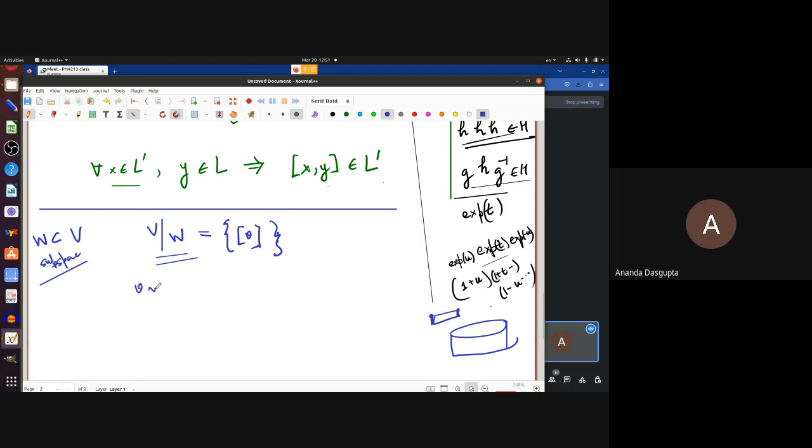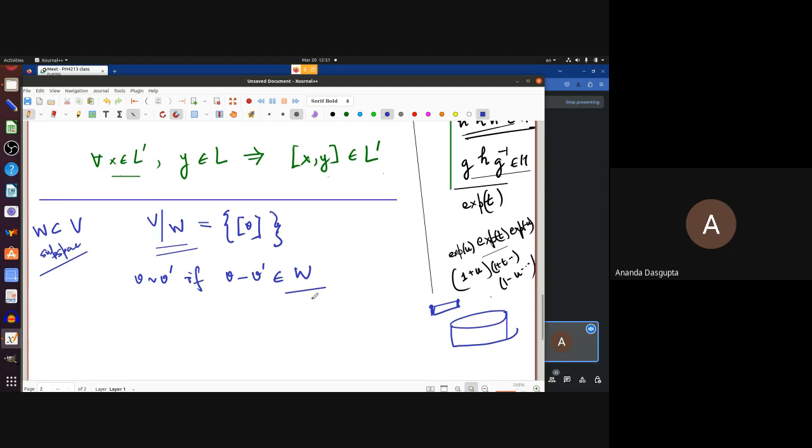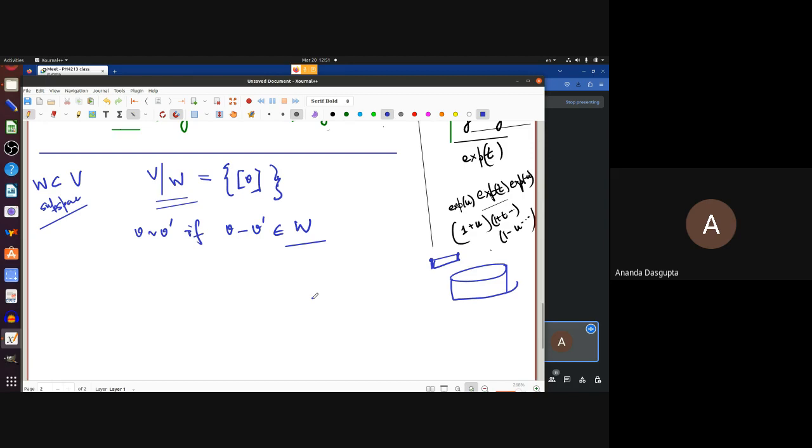And the equivalence is simply this: V and V prime are equivalent if, of course, W has to come somewhere, the difference V minus V prime belongs to W. That's the definition of equivalence used in this case. And when you group them all together, you get a set, of course. But what's so special about this set? Is this just a set, or does it have other properties?